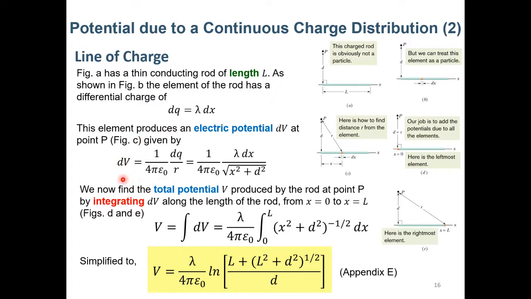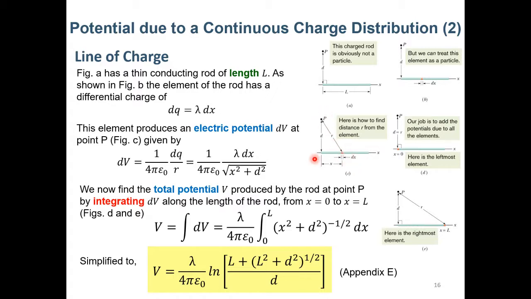So we try to integrate this, and R is what we want to consider. R is the distance from the point we want to consider to the infinitely small element.